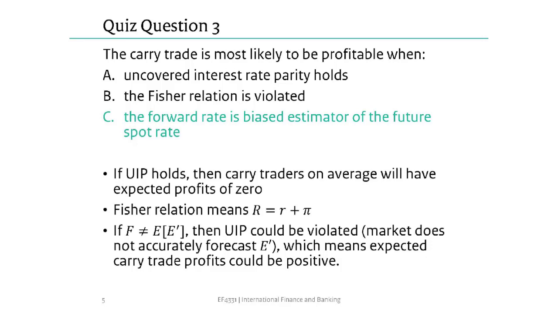Based on this model of an investor, that's the only way UIP can be restored, right? Because they are maximizing expected profits, and when they see expected or average profits greater than 0, they go long and go short on different interest rates, and they will come in and buy or sell currencies and restore UIP. Okay.